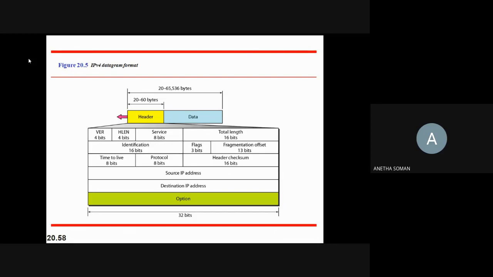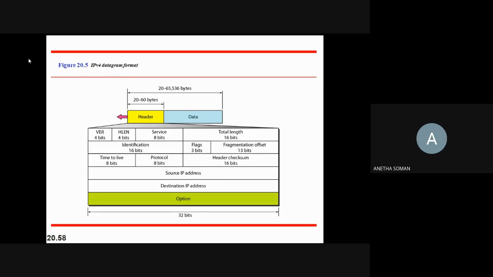I'm not going into detail, because fragmentation is one of the functions of the network layer. Now the next field is called time to live, or TTL.